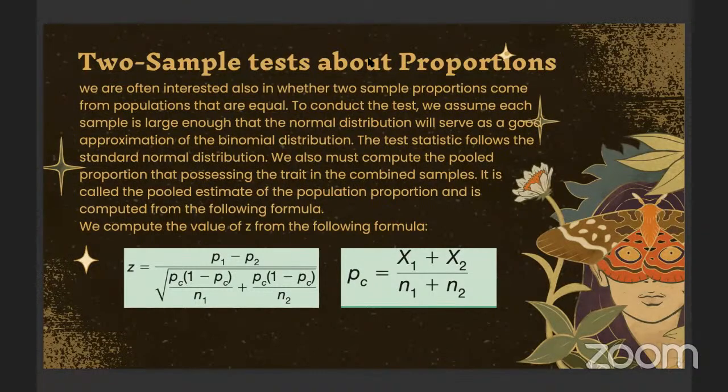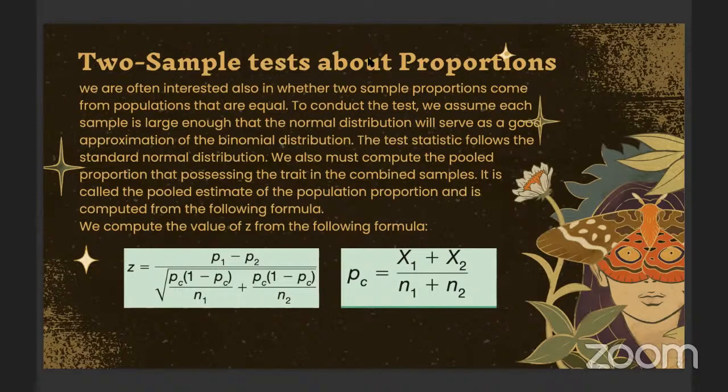The test statistic follows the standard normal distribution. We must also compute the pooled proportion possessing the trait in the combined samples. It is called the pooled estimate of the population proportion, and it is computed using the formula pc equals x1 plus x2 divided by n1 plus n2.